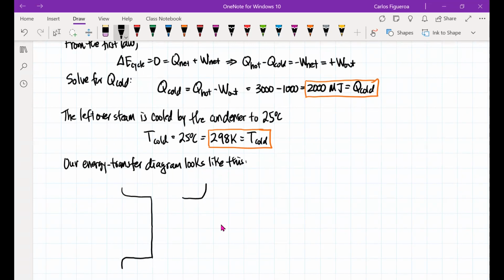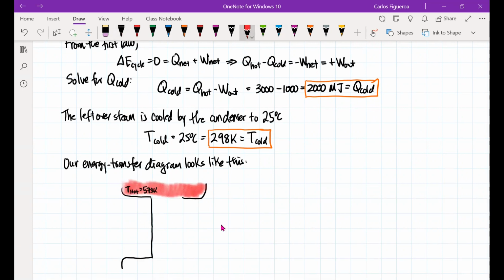Here's my hot reservoir. This hot reservoir has a hot temperature of 573 Kelvin.